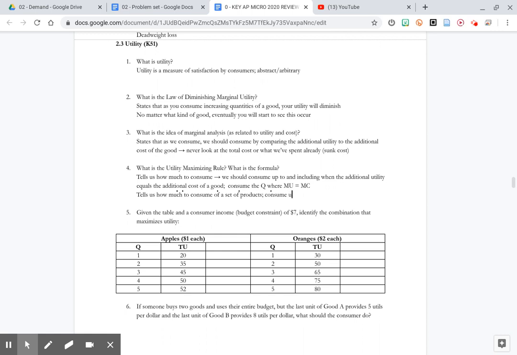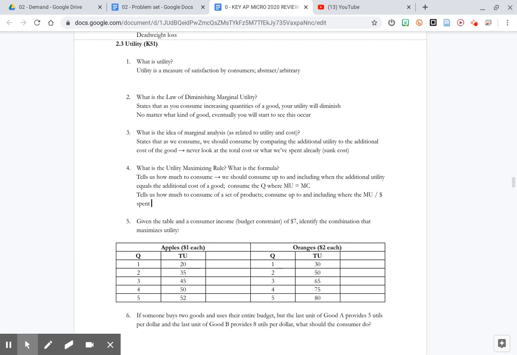So consume up to and including where the marginal utility per the dollar spent on good A, so the marginal utility of the last unit of good A divided by the dollars spent on good A, is equal to the marginal utility of the last unit of good B divided by the dollars spent on good B. So that's how we'd be able to figure out if we are consuming the right bundle of things.